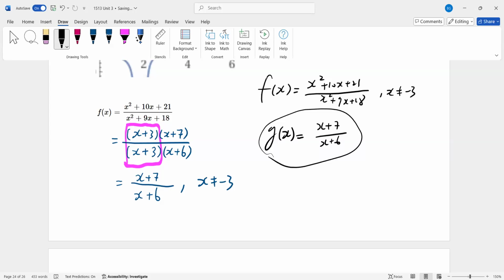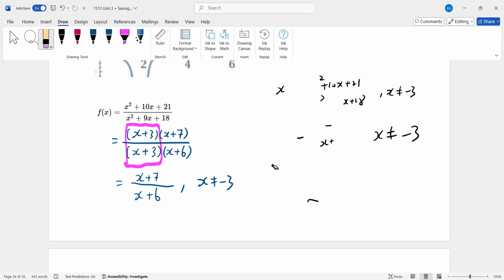In order for them to be equal, you have to add this condition, x cannot be negative 3. So let's say the graph of x plus 7 over x plus 6 is like a hyperbola like this. It's just that at negative 3, you're going to have a hole here.